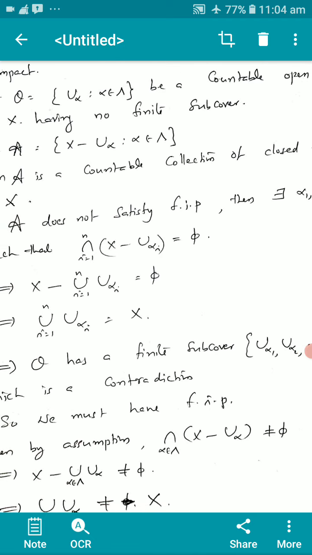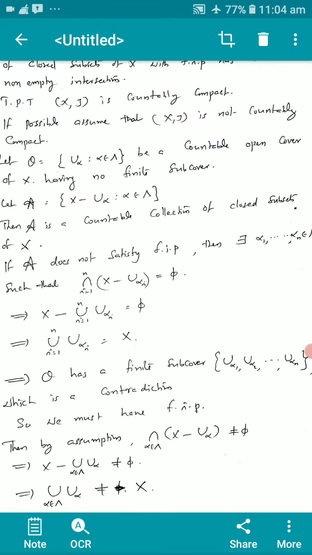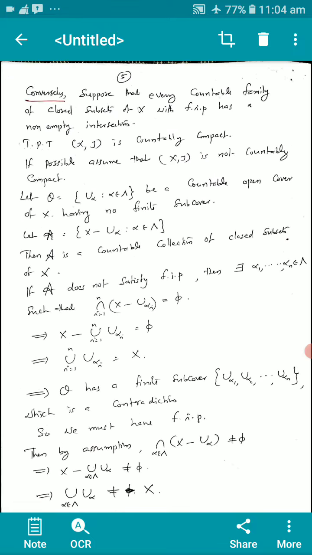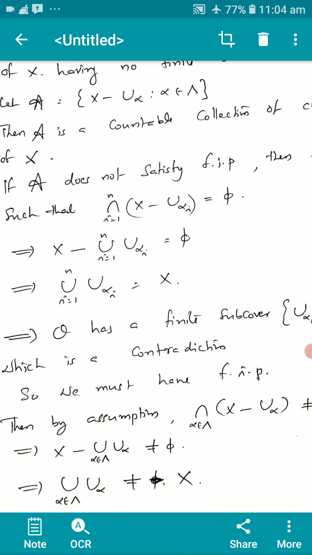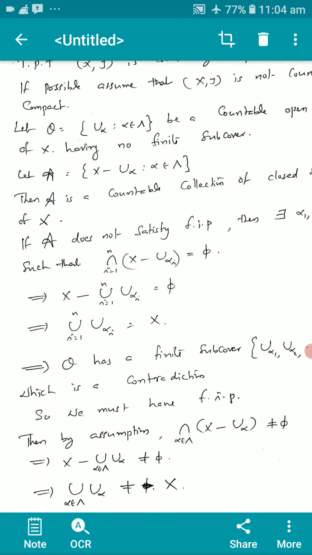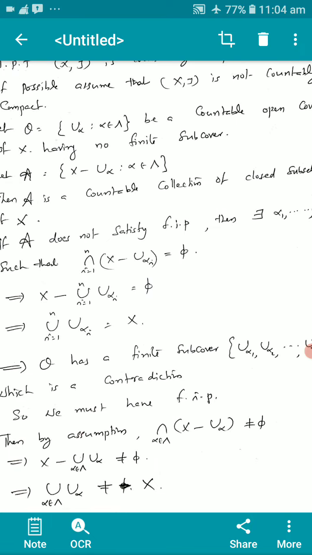That is, X minus the union of U_alpha_i is equal to phi, or the union of U_alpha_i, i from 1 to n, is nothing but X itself. That means theta has a finite subcover U_alpha_1, U_alpha_2, etc., U_alpha_n, which is a contradiction. So we must have the finite intersection property, FIP.